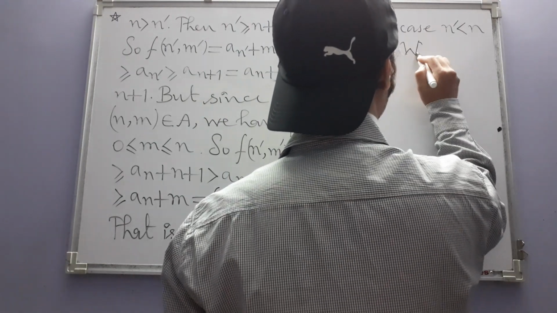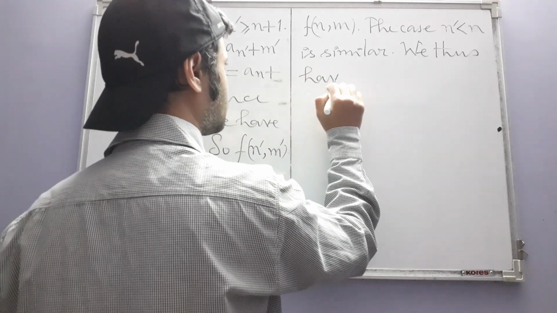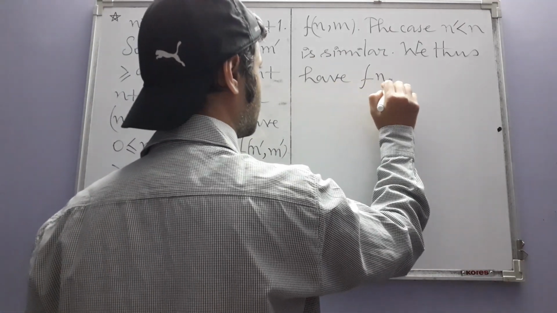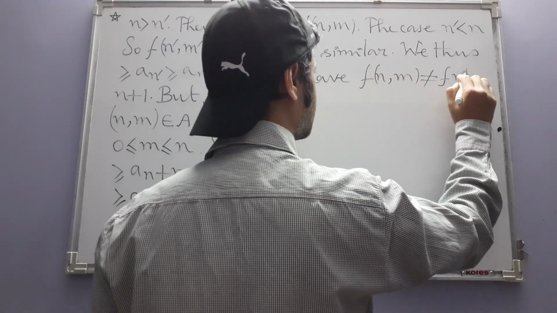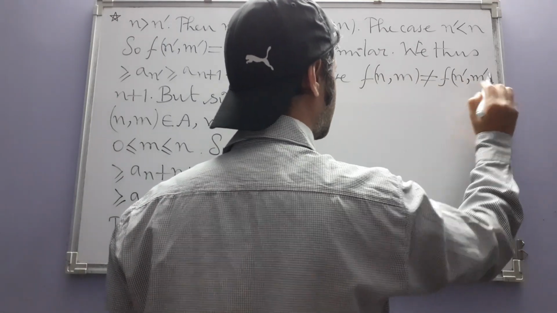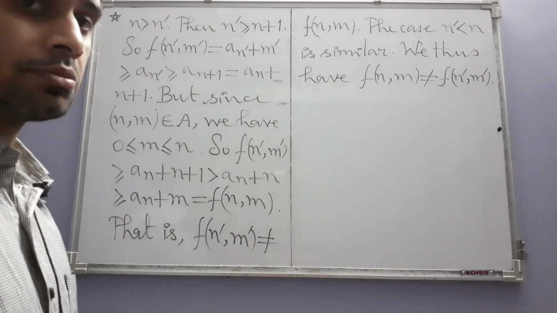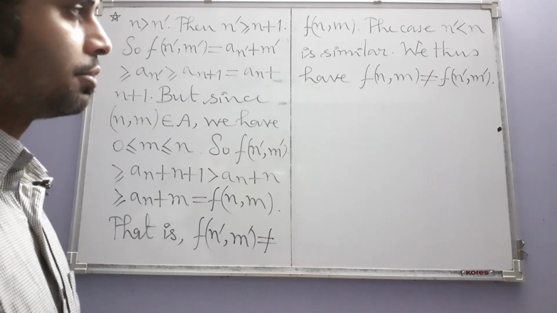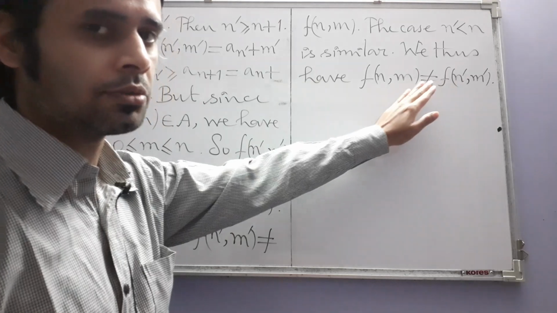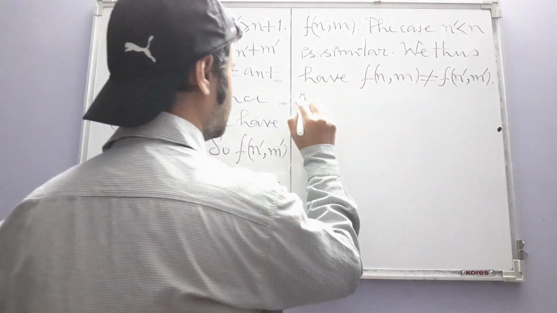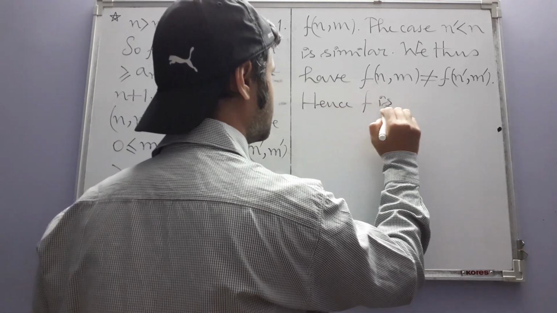We thus have this: irrespective of what the situation is, whether n is equal to n prime or less than n prime or greater than n prime, always we are getting the fact that the f images of these two ordered pairs are different. Hence f is injective.